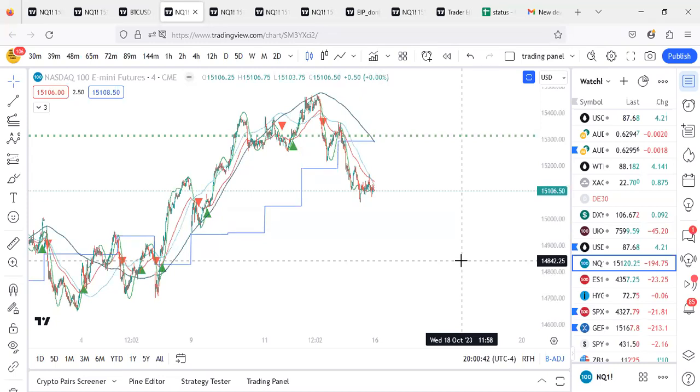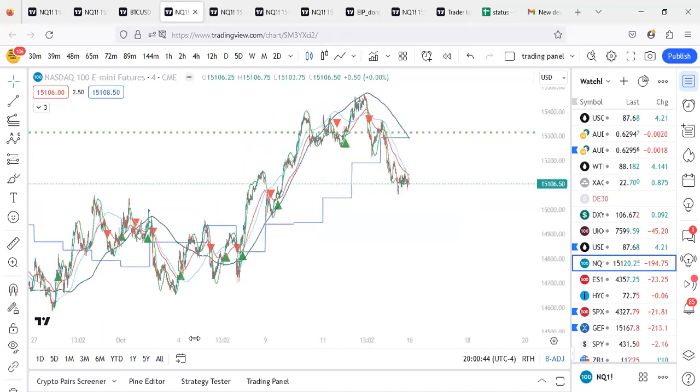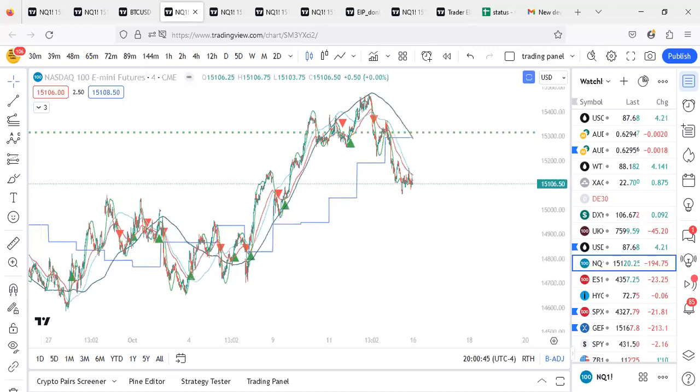Three waves. Let me do it again. One, two, A, B, C, the third, and this was the fourth, and this was the fifth. Beautiful end of wave, beautiful start of wave 3, beautiful start of wave 1, beautiful end of wave 2.